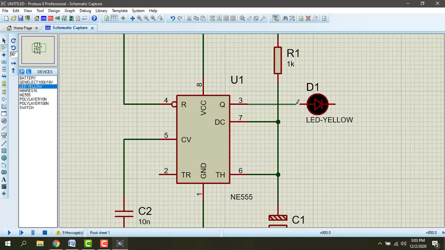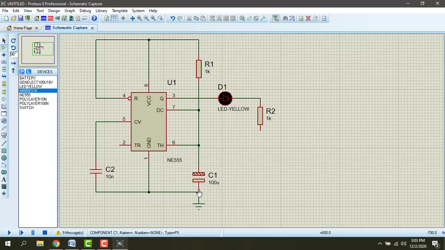So the LED should be turned on for 4 seconds. The supply voltage is 9 volt, but the operating voltage of the LED is 2.2 volts only. So I am going to connect a resistance in series with the LED, and the LED is connected to ground.